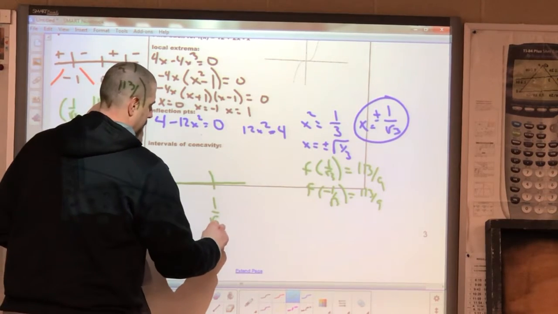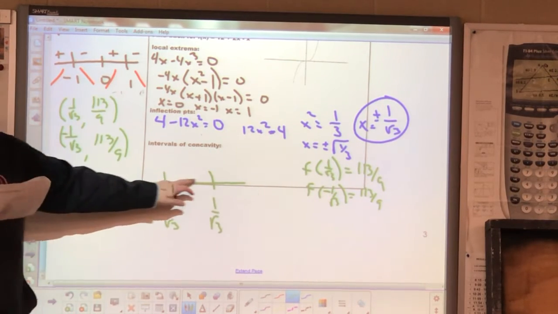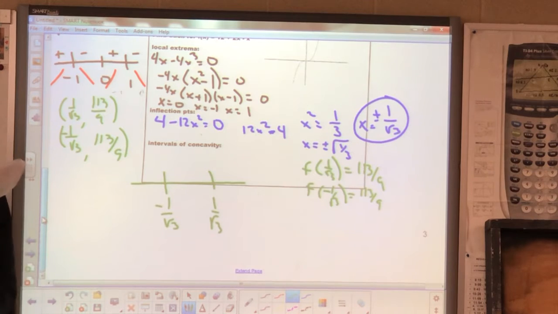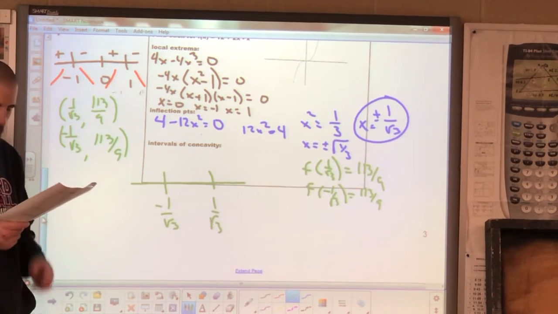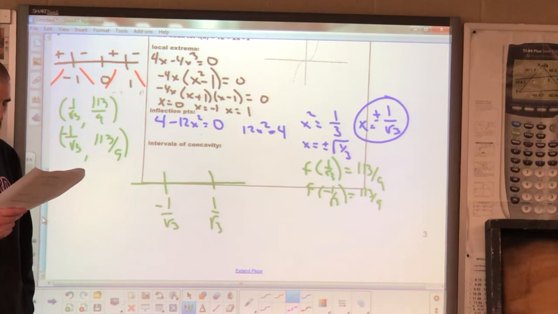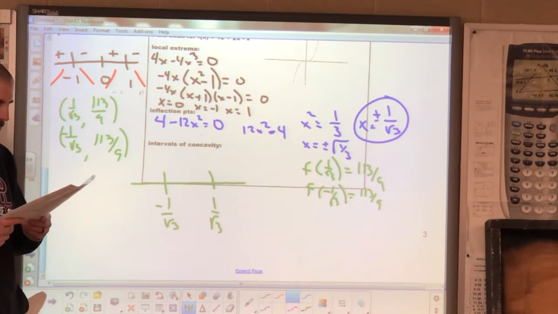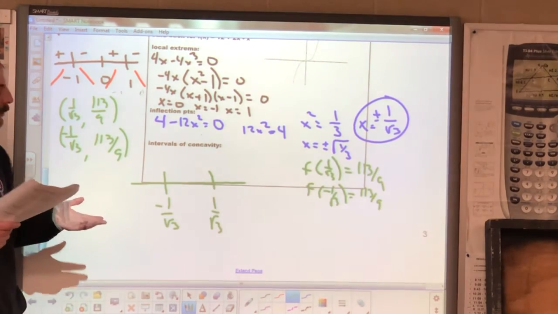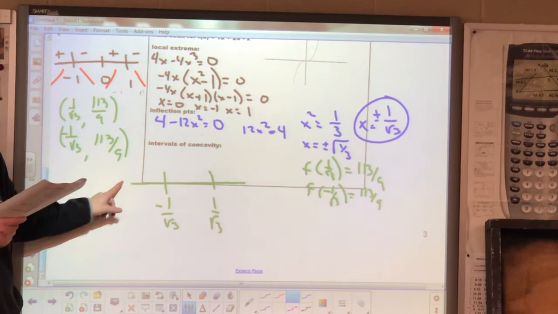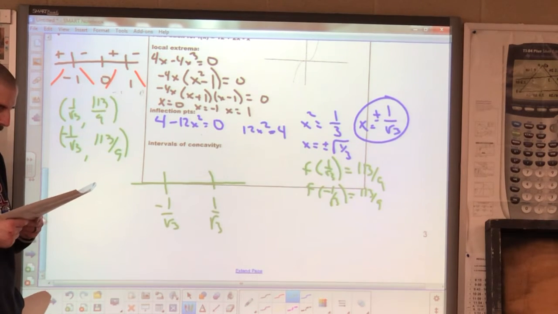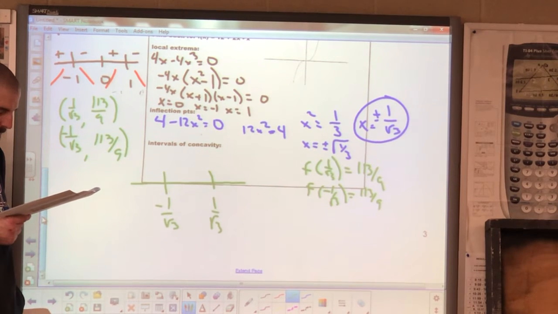And then positive, all right? So we want to do sign analysis on this. Okay, sign analysis, all right? Okay, so we're going to plug that into the original. This is going into the original. Go ahead and see what you got.